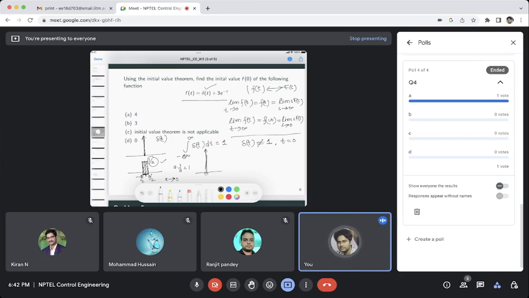Let us denote this function as g of t, which is dependent on a. The limit of g of t when a goes to 0 is actually your impulse function. This is one way of getting the impulse function; there are other ways.